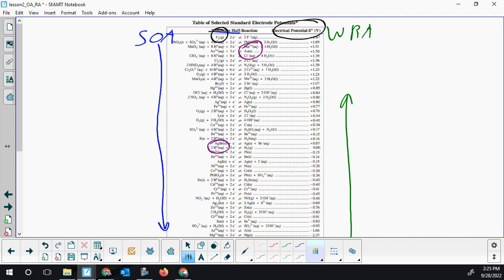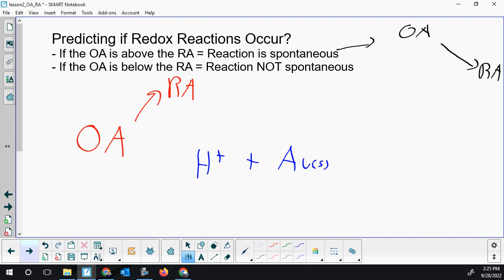Gold is a horrible reducing agent. If you take the OA and look at the direction you have to go to get the RA, it's up and to the right. So, does gold react with acid? It doesn't. It's non-spontaneous.